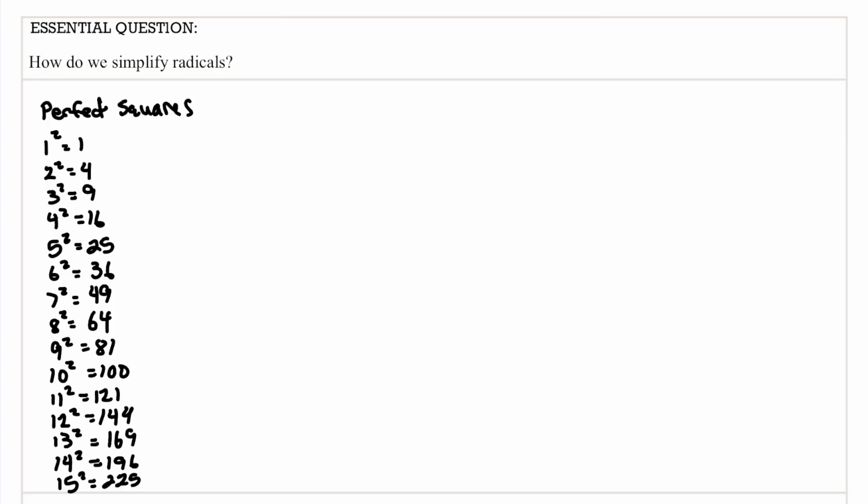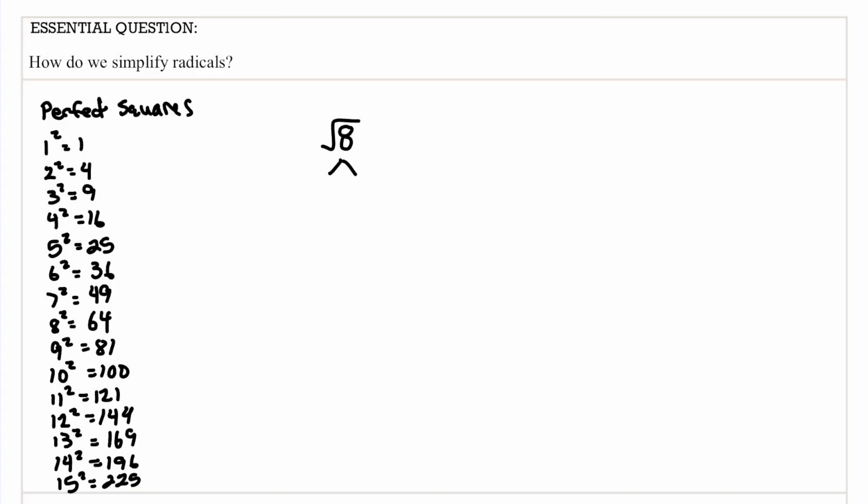But let's look at some examples where we're going to use these perfect square factors to reduce our radical. Let's say we have the square root of 8. So we want to figure out the largest of those perfect square factors that divides 8 evenly.